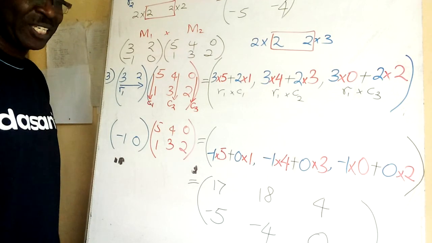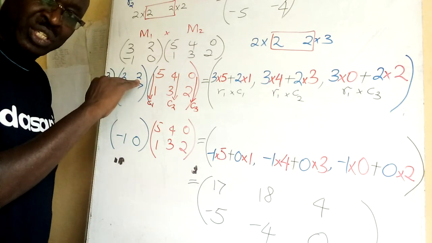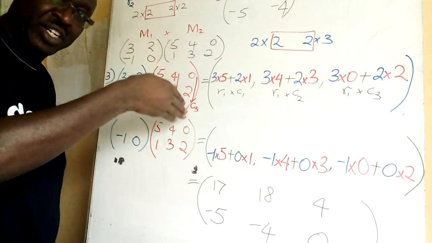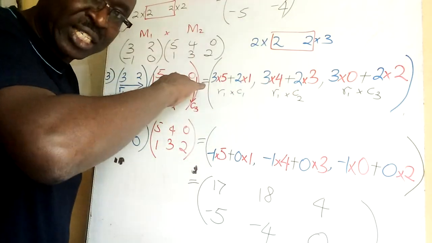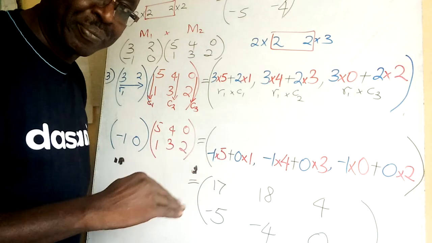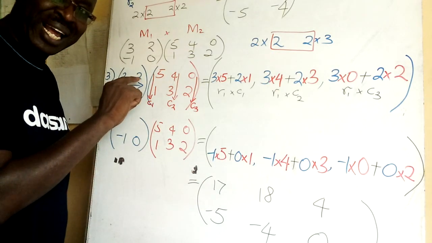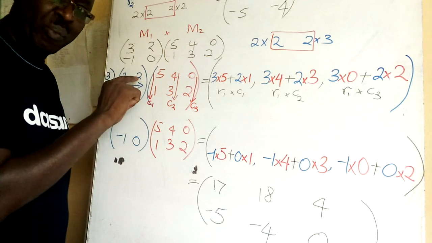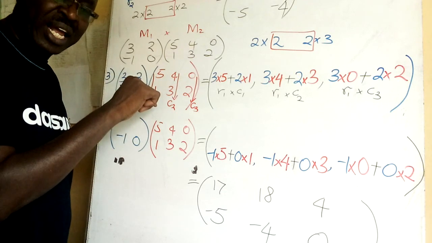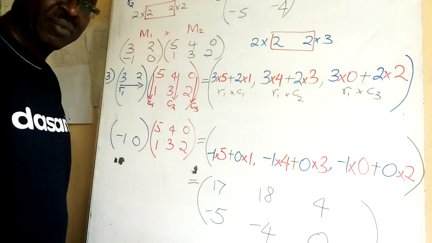That's what I've done. Once you use R1, you must finish all the columns, and the results will remain in R1 in column. So you use a row multiplied by the individual columns which are there.